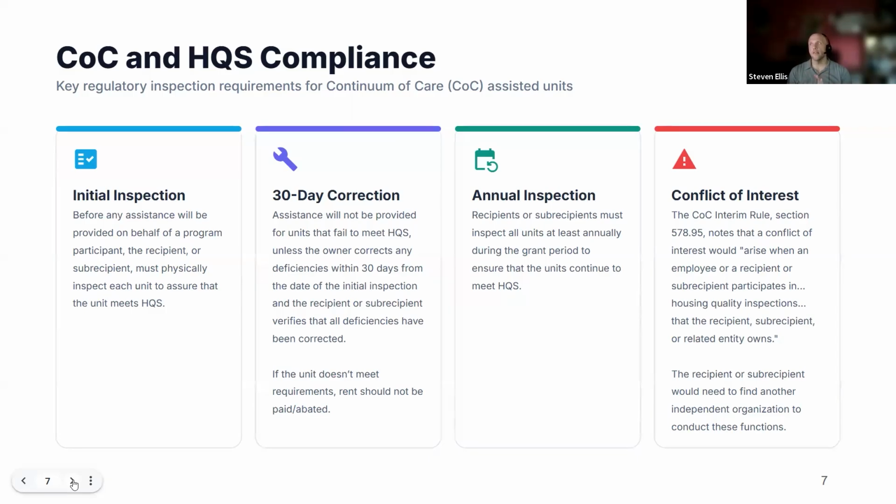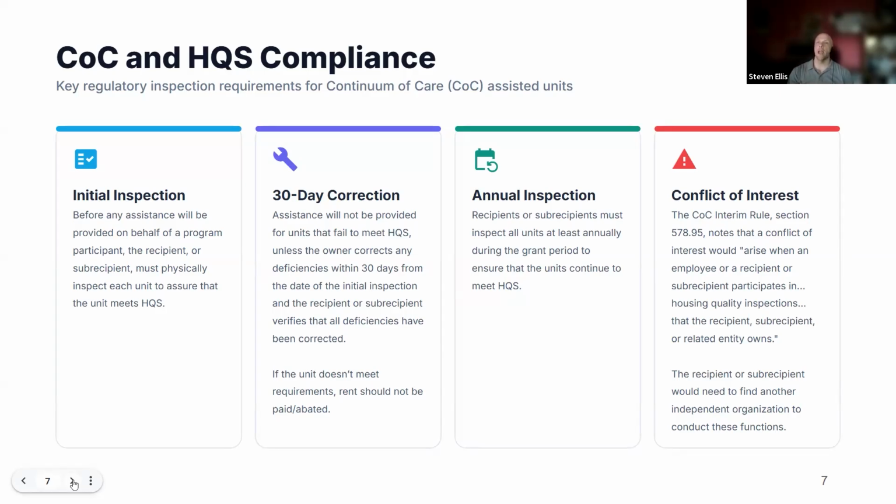So if a unit does not pass inspection, landlords have 30 days to make those corrections for assistance to continue. The big piece of this that sometimes programs forget about or don't implement correctly: if that HQS piece is not corrected within 30 days, you cannot pay rent, right?